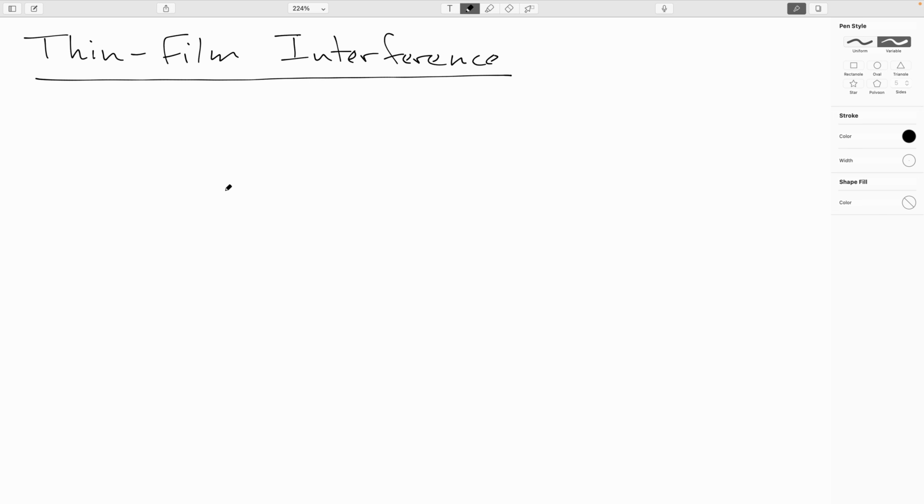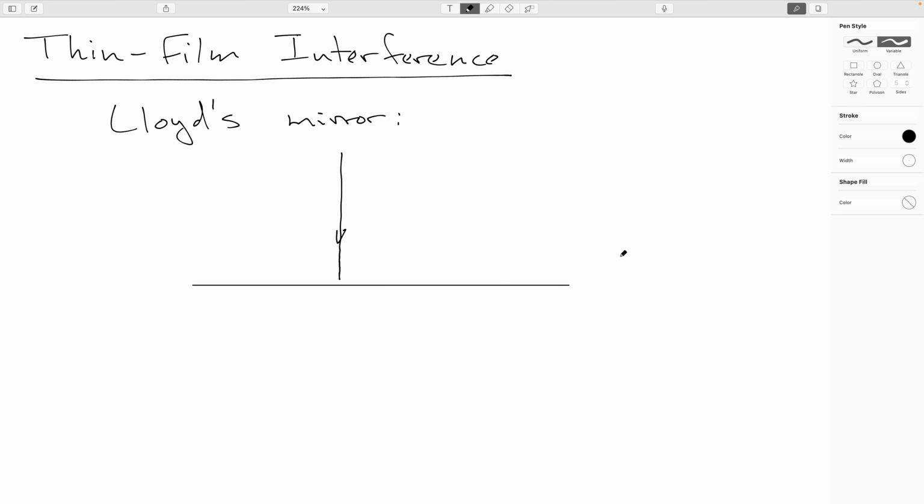But to start, I need to quote an experimental result known as Lloyd's Mirror. I can't really discuss how the experiment works, but the result goes like this. Let's say that you had some light coming in, bouncing off of a surface. Now let's say that this material here has a lower index of refraction and this has a higher index of refraction.